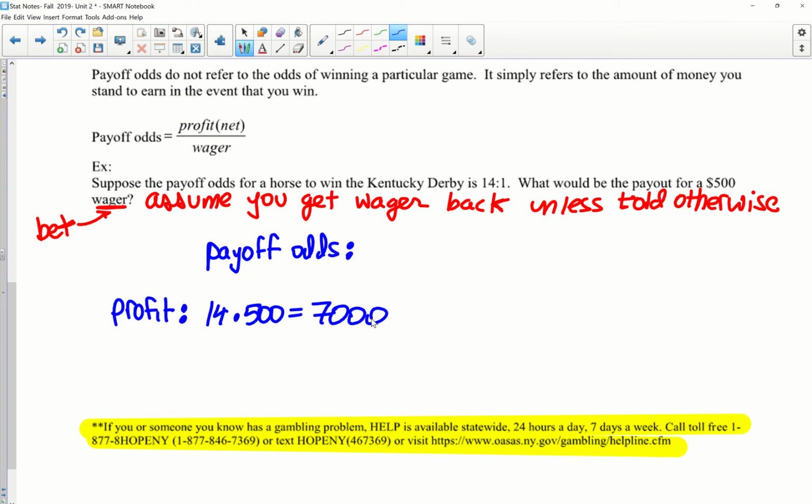We're getting our wager back, so we're not losing the $500 that we put up. If we did not get our wager back, we'd have to subtract that $500 off of the $7,000. We'd only be getting $6,500 back.